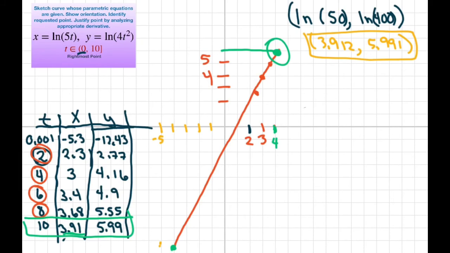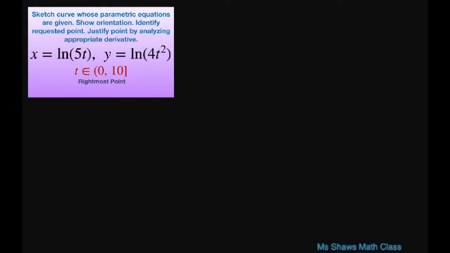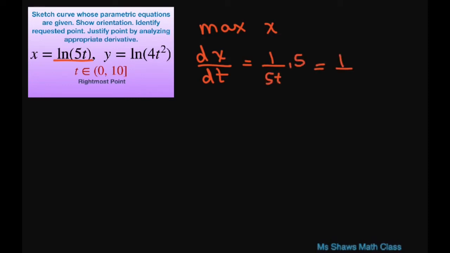And let's see what we have. We're going to maximize our x because we're talking about the rightmost point. So you're going to maximize x as a function of t. So you're going to take the derivative of x with respect to t. Now this just equals the derivative of this is just 1 divided by 5t times 5, which equals 1 divided by t.